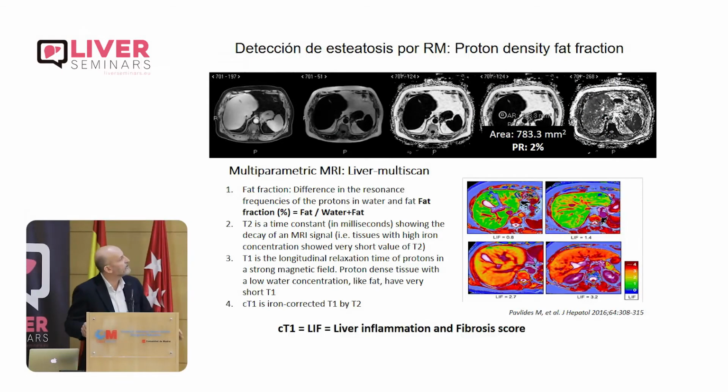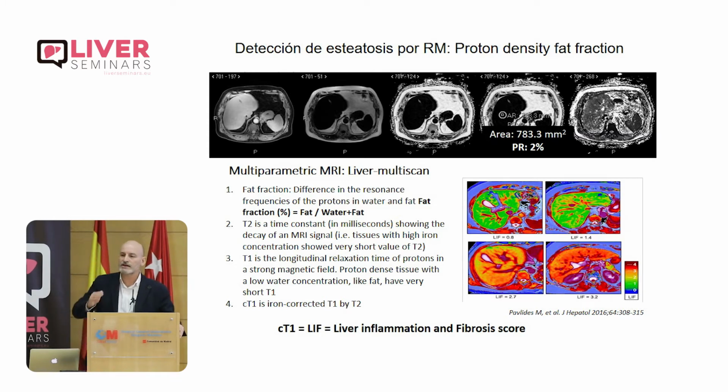This is an example of the proton density fraction. The idea is to have a sequence with an image saturated of fat, an image saturated of water, corrected by T2.